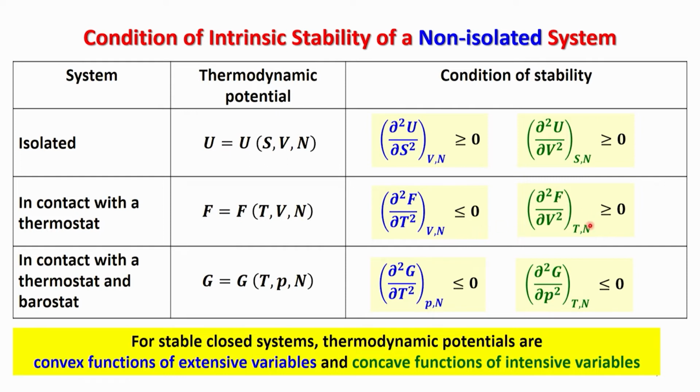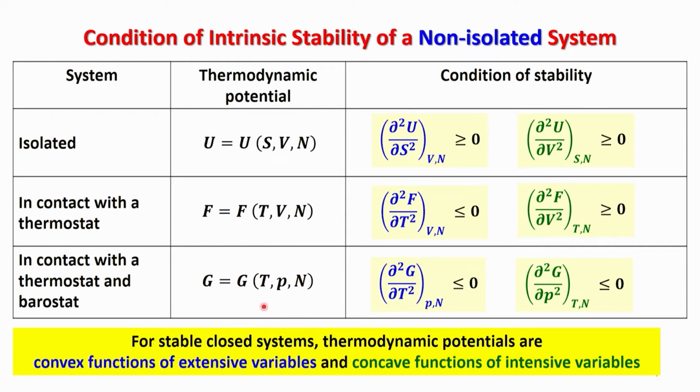But look at this situation where my thermodynamic potential F is being tested against its extensive variable V. So, what is the condition of stability for this system? The condition of stability is that F be a convex function of its extensive variable, and as a result of this I find that ∂²F/∂V² is greater than or equal to 0.